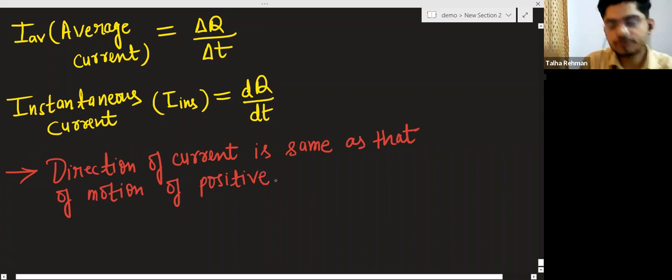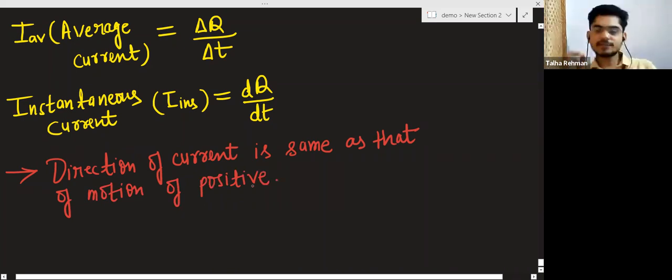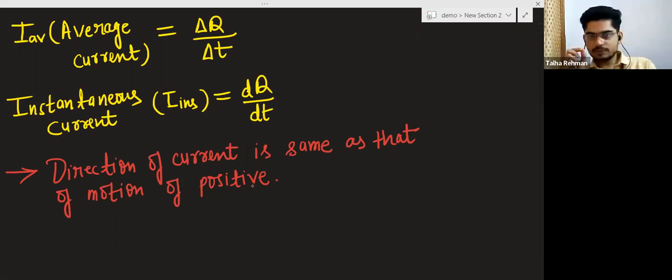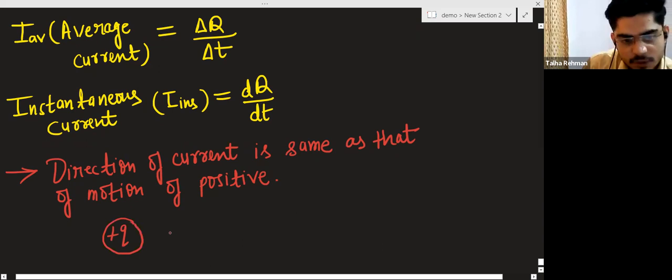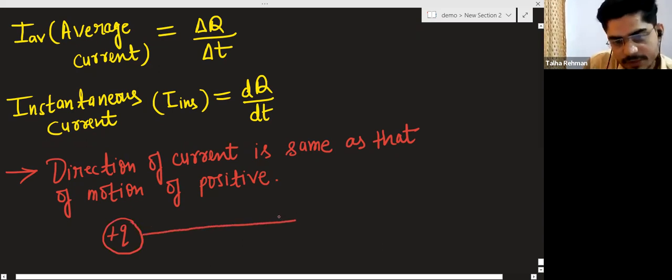We know that there are two types of charges in this world. One is positive charge, another is negative charge. And suppose the positive charge is moving in this direction.